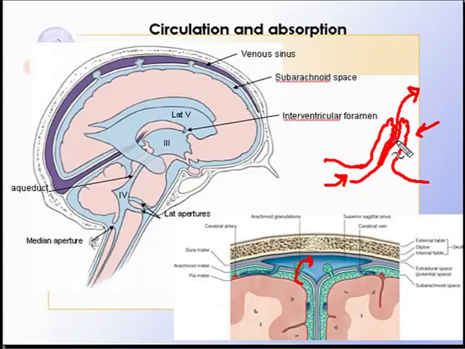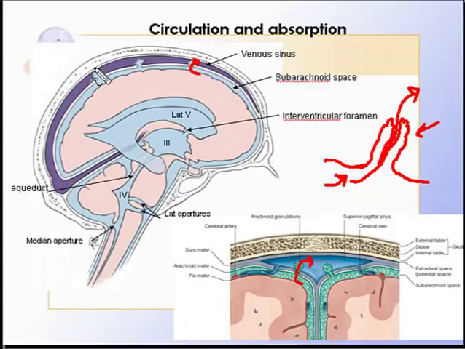So blood will never pass from the sinus into the subarachnoid space, but CSF will always flow from the subarachnoid space into the venous sinuses. So that was why we have those venous sinuses present in the dura mater, and you can see how these arachnoid villi are piercing the dura to open into the venous sinuses.